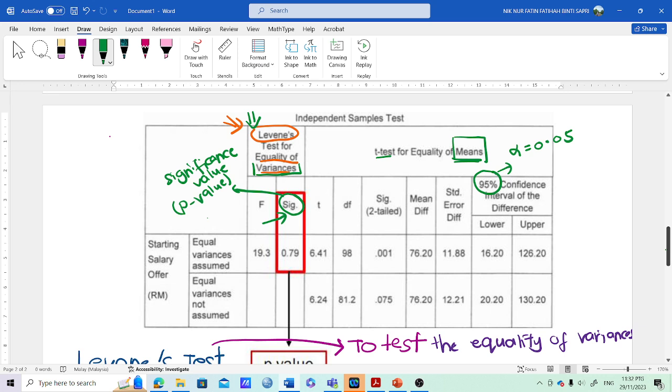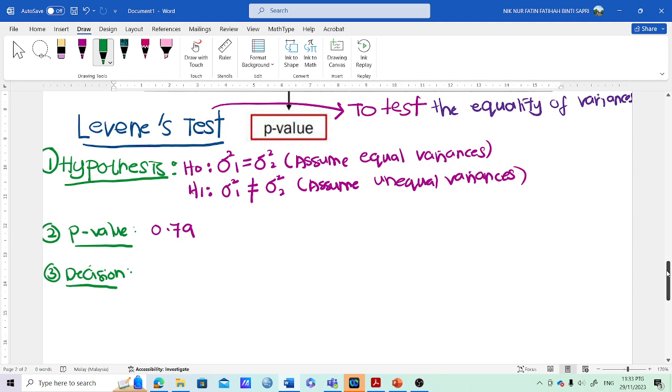How do I get 0.05? 100 minus 95 equals 5, so 5%. 5 over 100 equals 0.05. So your alpha is actually 0.05.